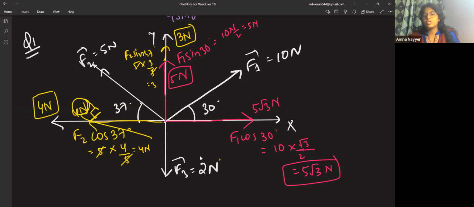And the last one is 2 Newton. This is already along the y-axis. So we have all the forces along the x and y-axis.